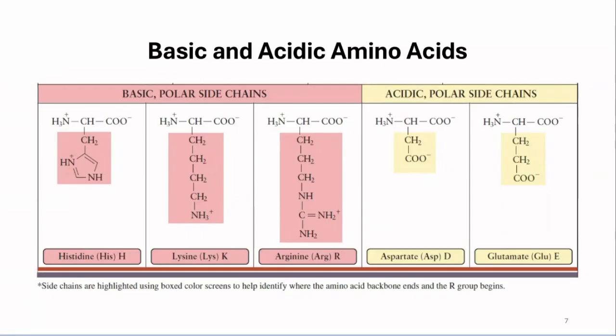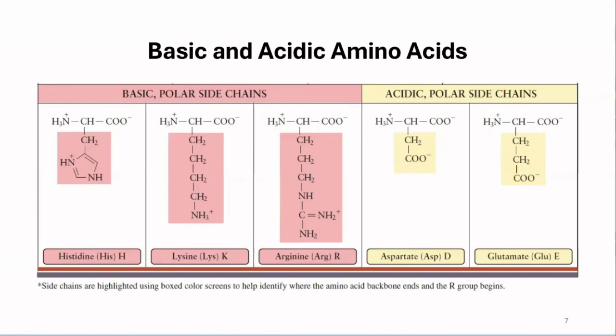Continuing on, when we look at lysine, we have a primary amine in its side chain. And we can see that there's an extension of carbons leading up to that primary amine nitrogen that can accept protons.